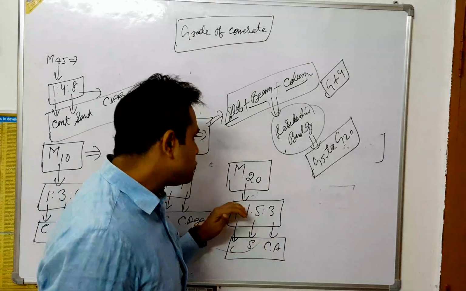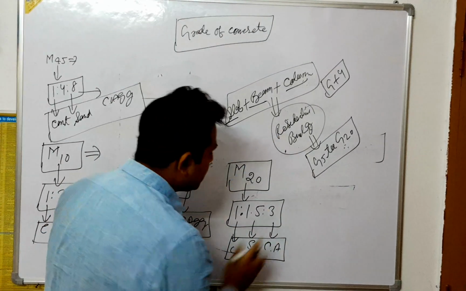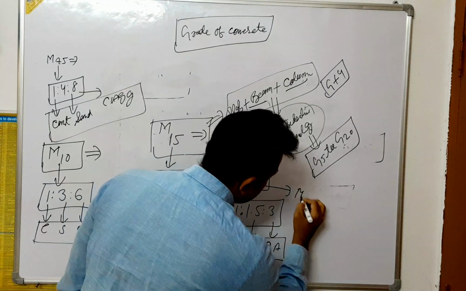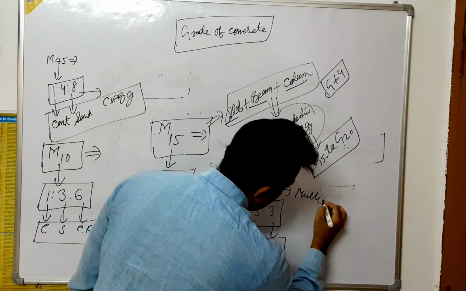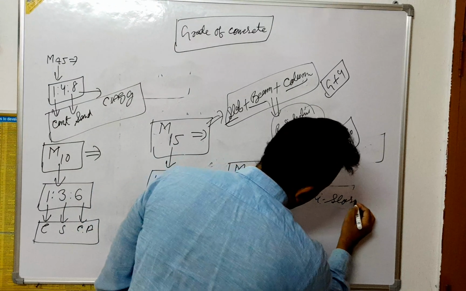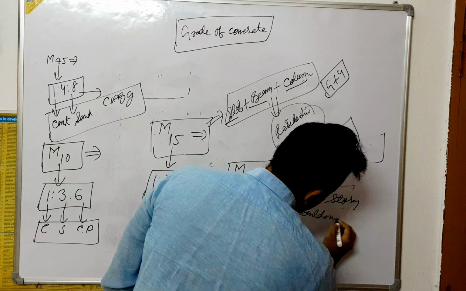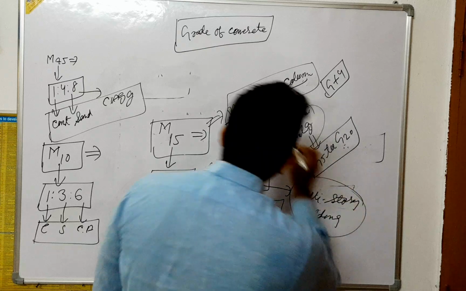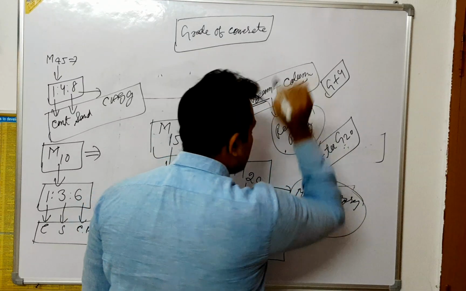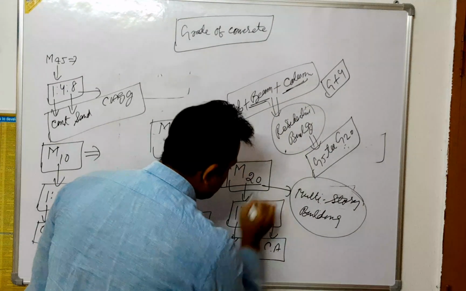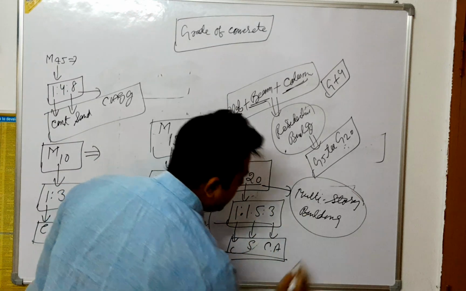We can generally use it in multi-storey buildings. I just said what a multi-storey building is. When you are going to construct the slab, beam and column of a multi-storey building, we have to use M20 grade of concrete. Clear?